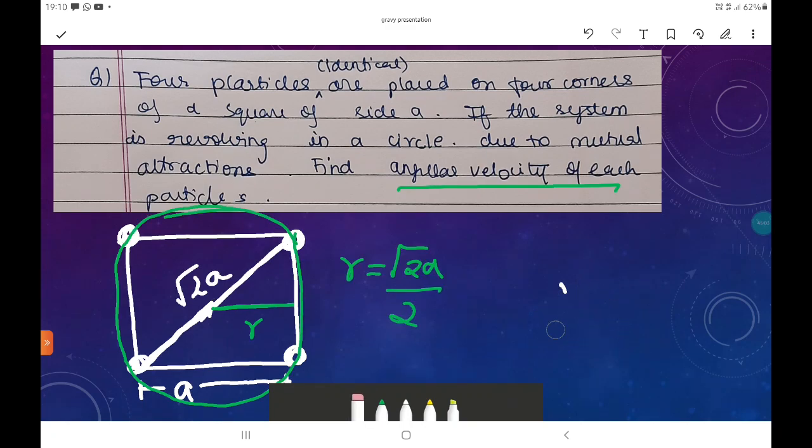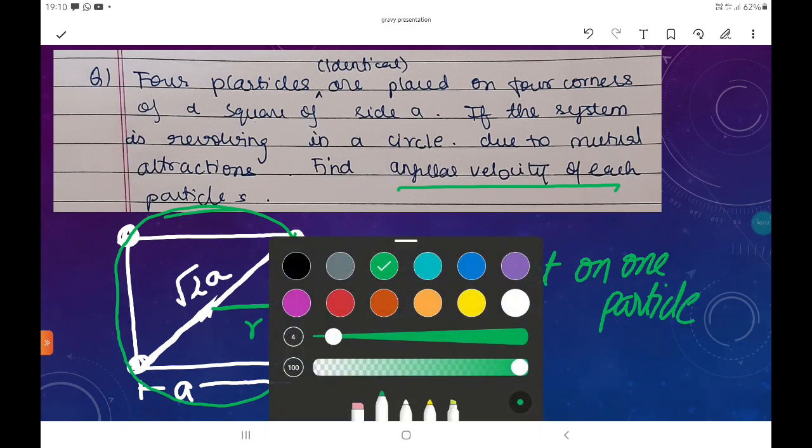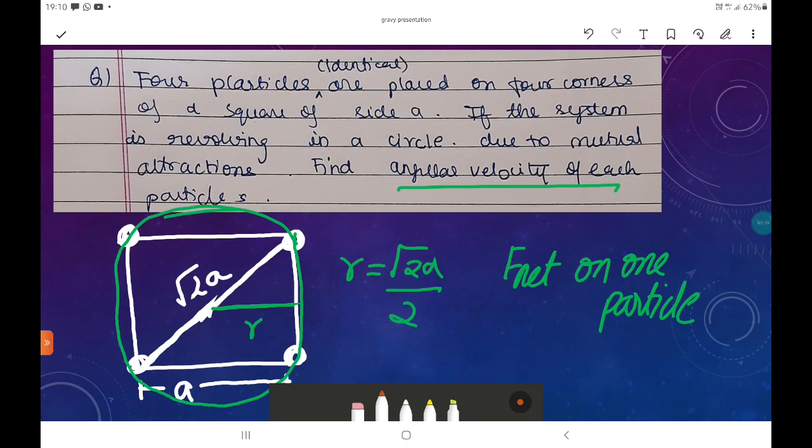I will just tell the method. First you need to find F net on one particle, the net gravitational force on one particle. How will you find it? Suppose this is particle 1, particle 2, particle 3, particle 4. So this particle is attracted this side, this side, this side. Just take this formula: F is equal to G M M upon d square, where d is the distance between them.